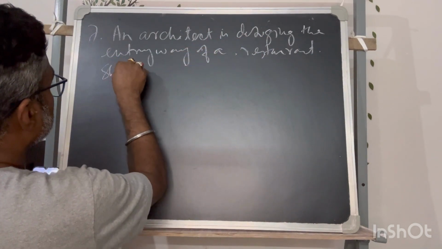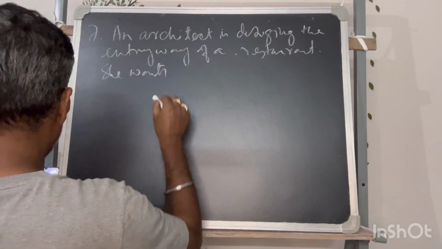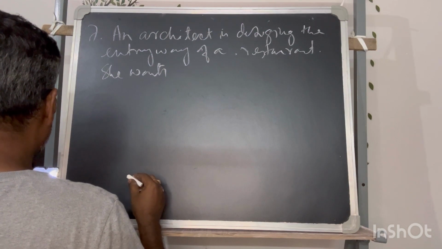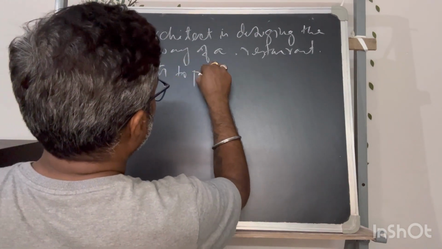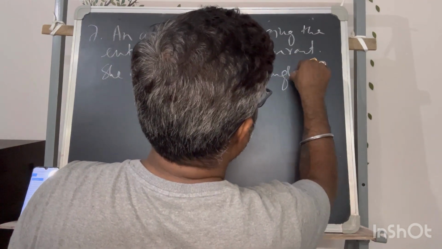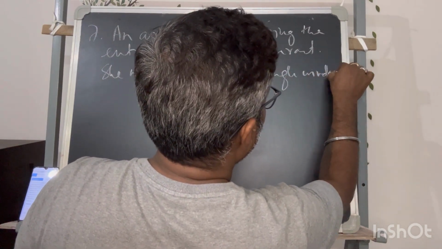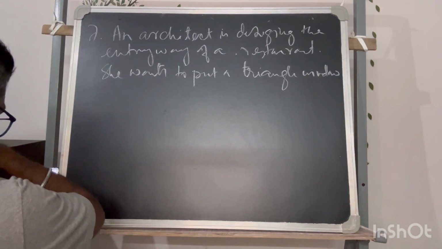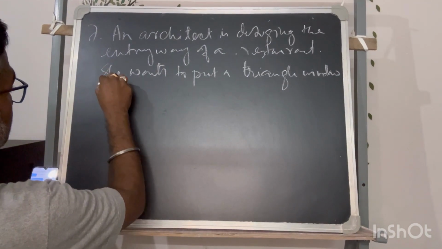She wants to put a triangle window above the doorway.